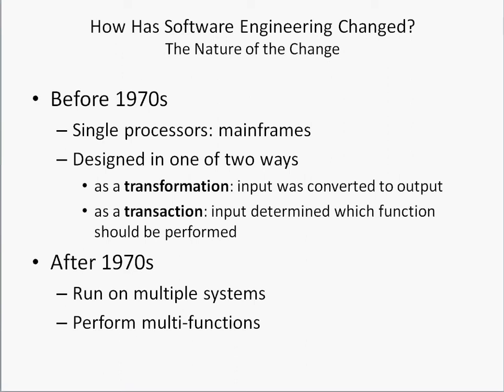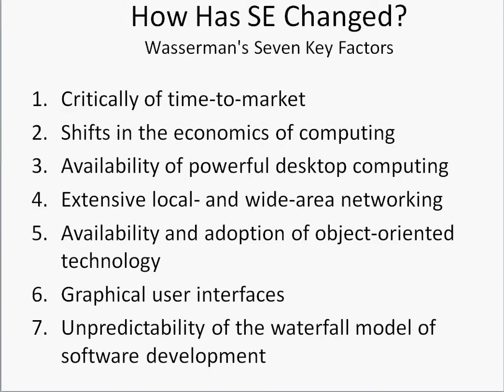But after the 1970s, we find that we needed to run on multiple systems and perform multiple functions, and that has been further explained by Wasserman and 7 key factors, which includes a shift in the economics of computing. Computing power has exponentially increased while exponentially decreasing in cost.